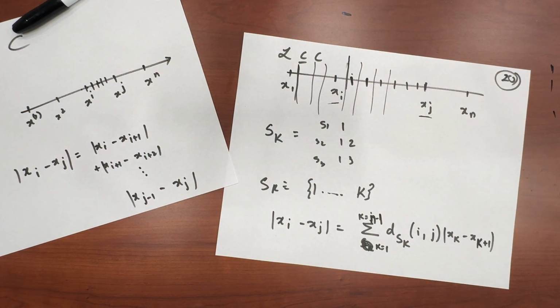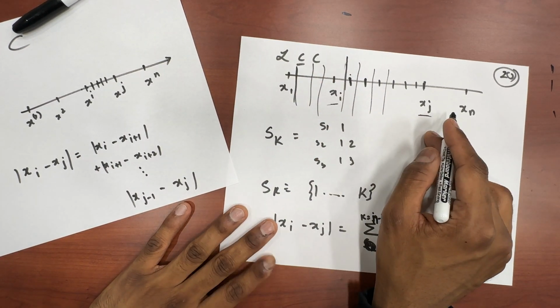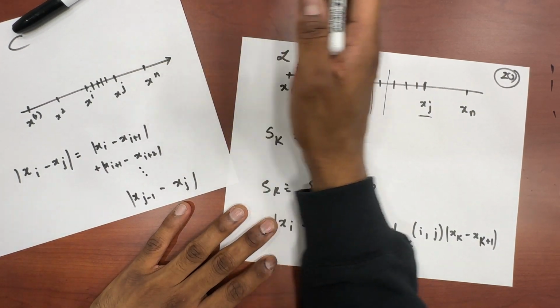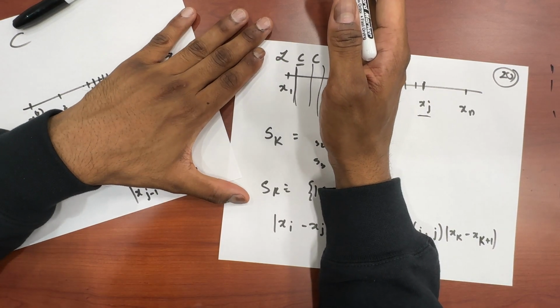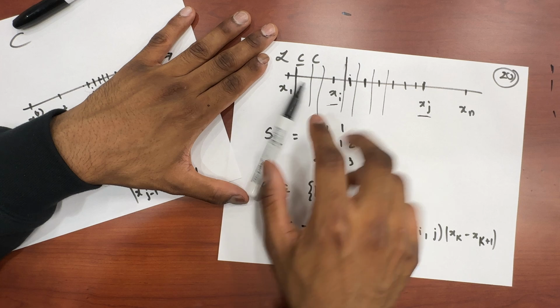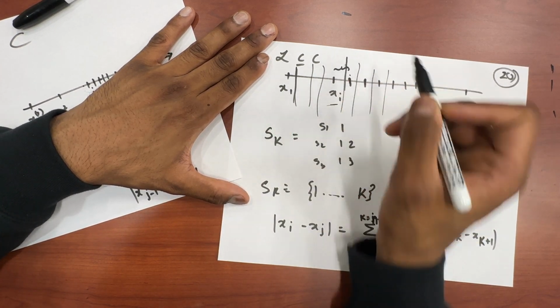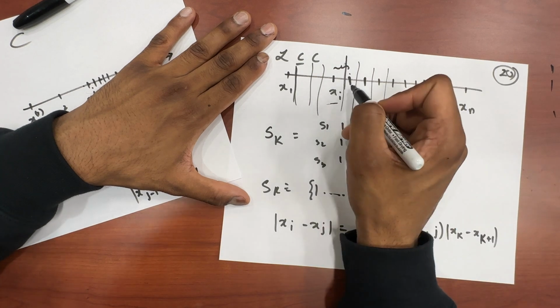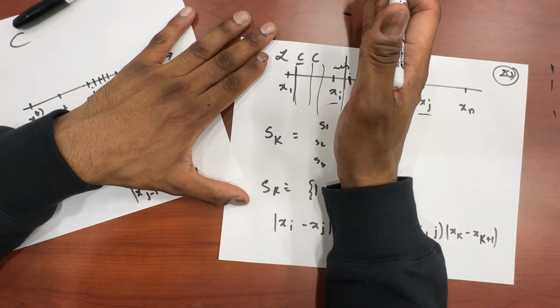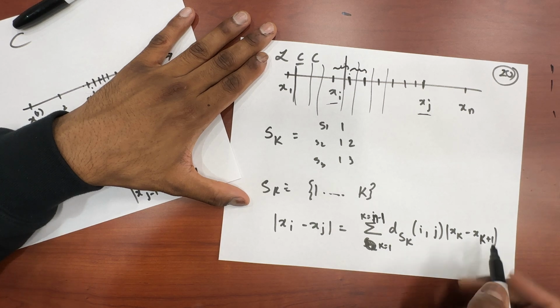cut has moved. So when I'm here, xi and xj are on the same side, so I shouldn't count anything. As soon as I cross xi, xi is on the left, xj is on the right. So I want to include this distance that I have traveled, which will be xi minus x_{i+1}. When I'm here, I want to include this distance, which will be x_{i+1} minus x_{i+2}.